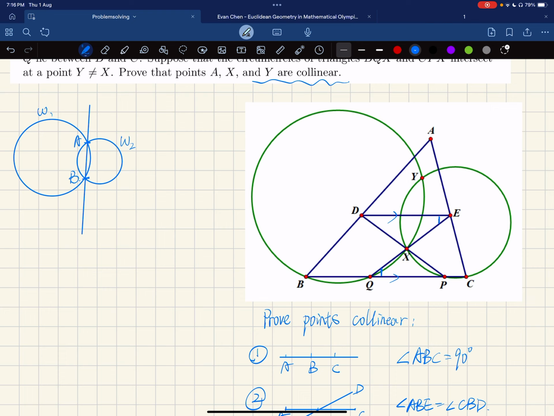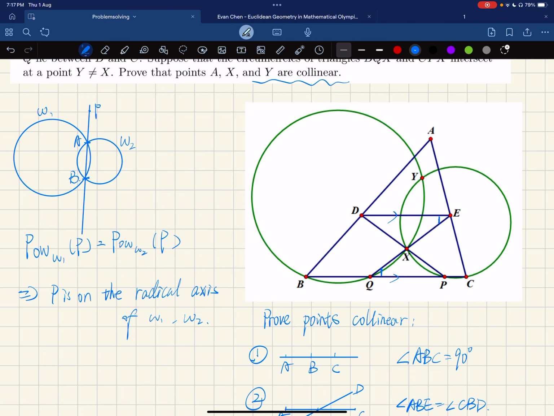If there is a point P satisfying that the power of P to omega 1 equals the power of P to omega 2, then P is on the radical axis of omega 1 and omega 2.